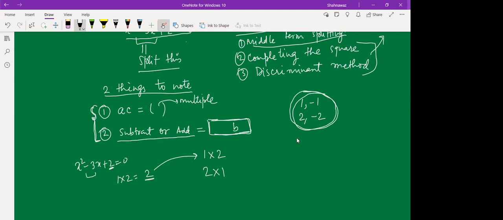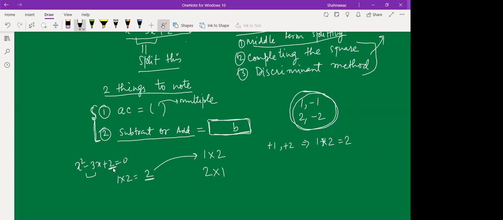So let's say we take 1 and plus 2. If you multiply 1 and 2, what will be the answer? This will be 2, right? Yes, sir. So this criteria is fulfilling.